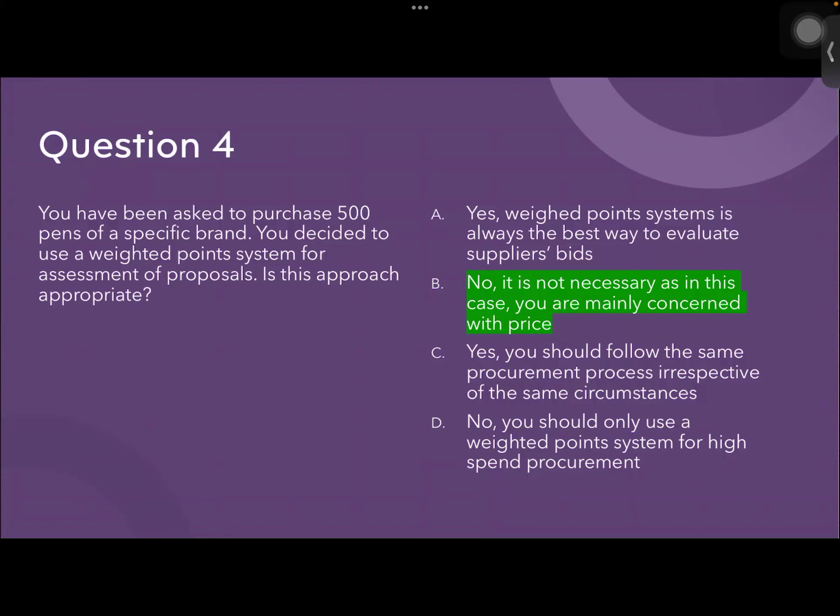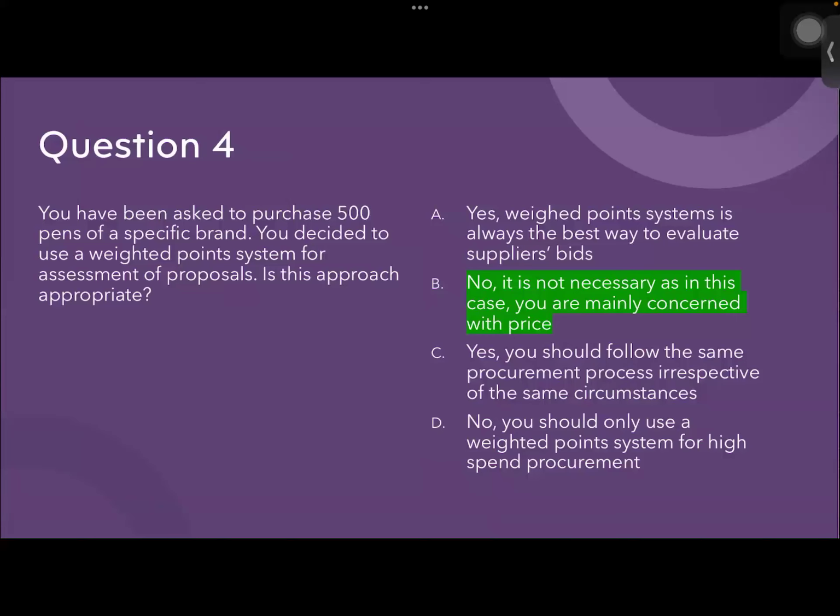For 500 pens, first, they tend to be not a very significant purchase. And second, the pens come from a specific brand, so there's no benchmark for quality assessment, and therefore we only consider the price.